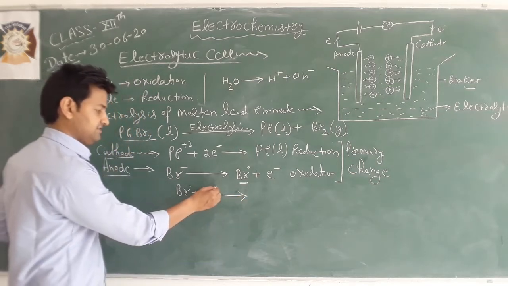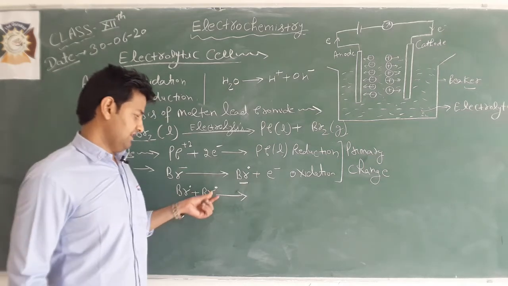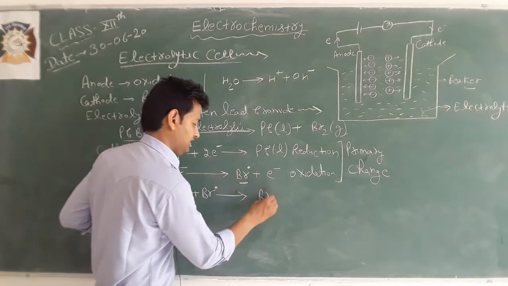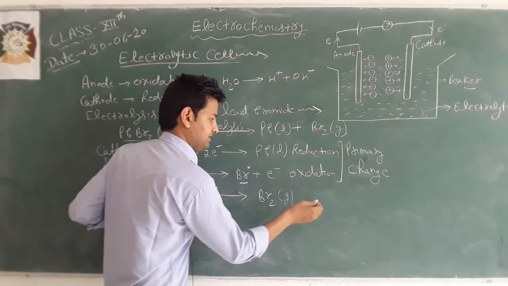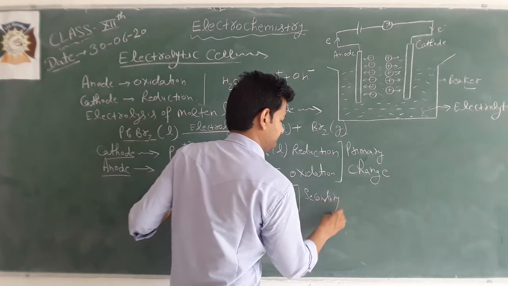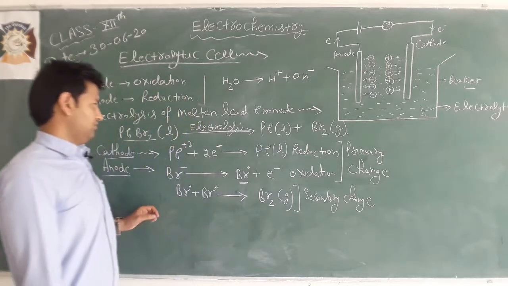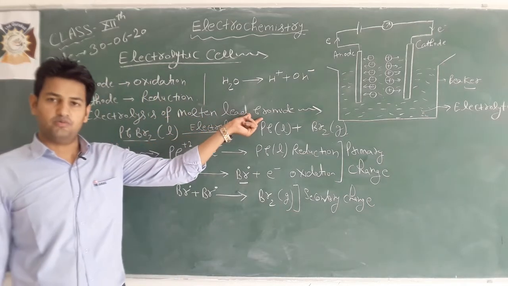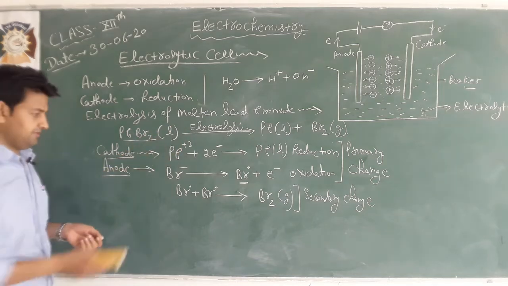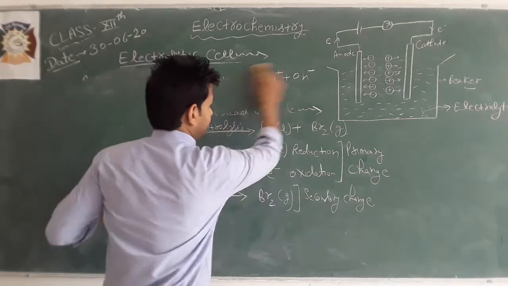Free radicals mean atoms or ions having a single or odd number of electrons. This change is called the secondary change. So this is the electrolysis of molten lead bromide. Let's take more examples. Now we are going to discuss sodium chloride.